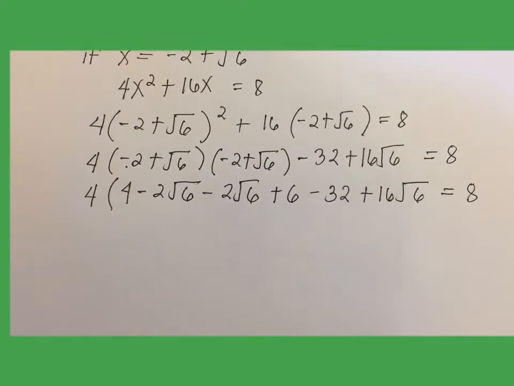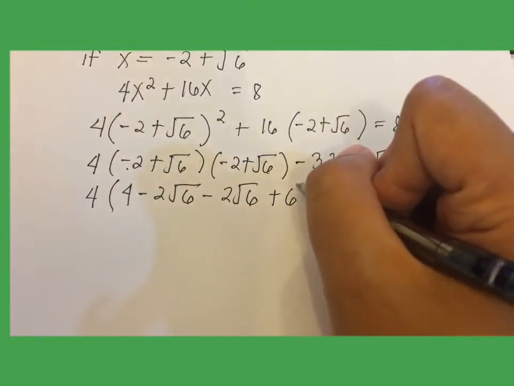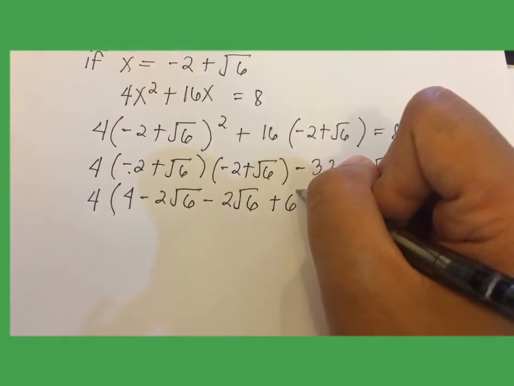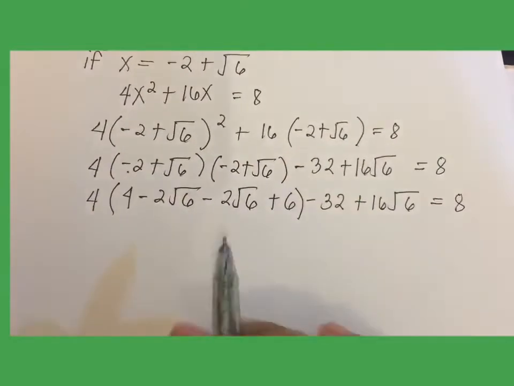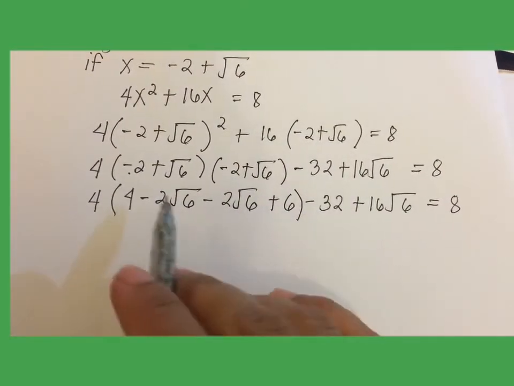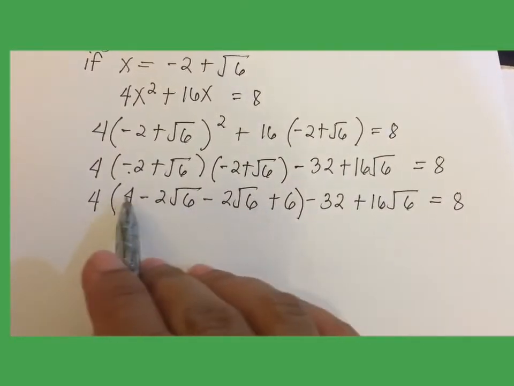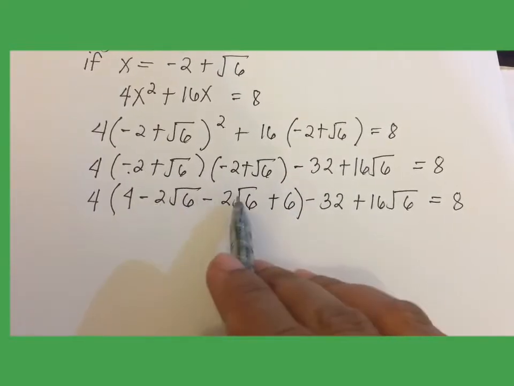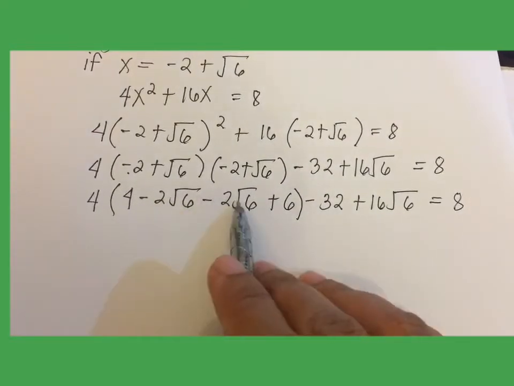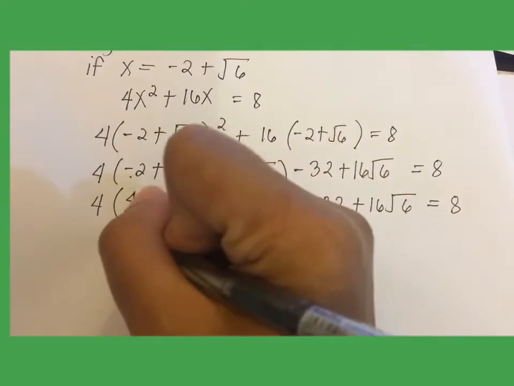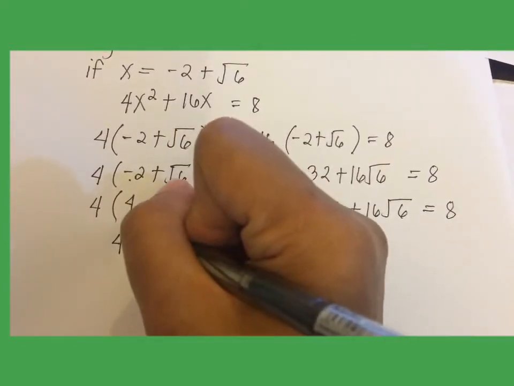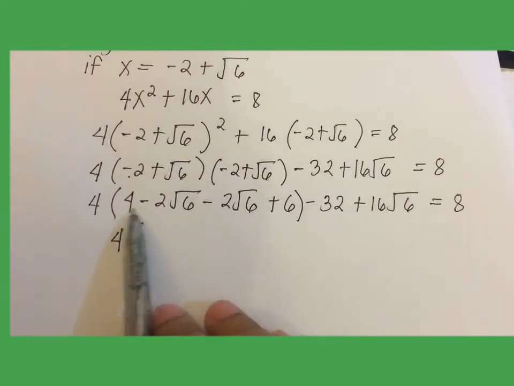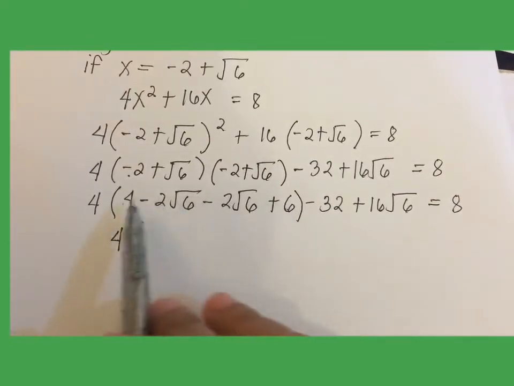Now, we can combine like terms here. What are like terms here? This one and this one, because they have the same radicands. So this becomes 4 times 4 plus 6. These are similar terms.